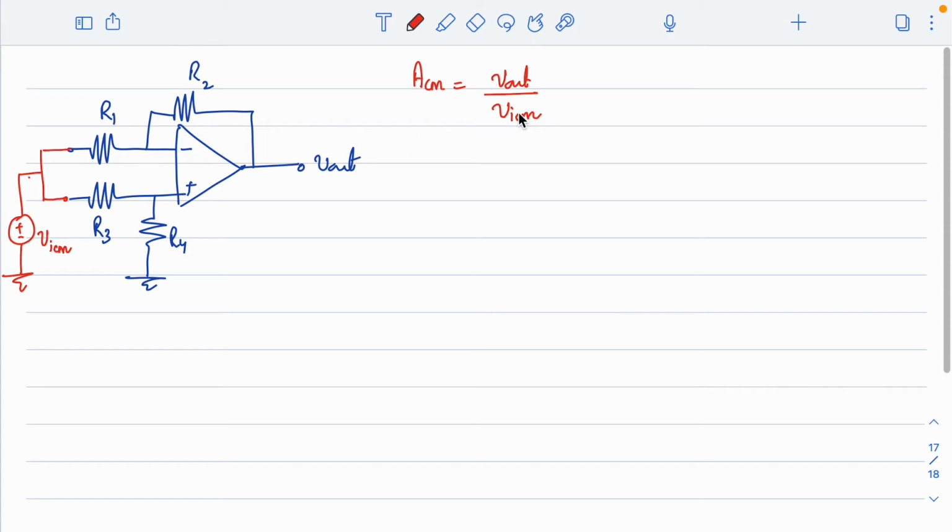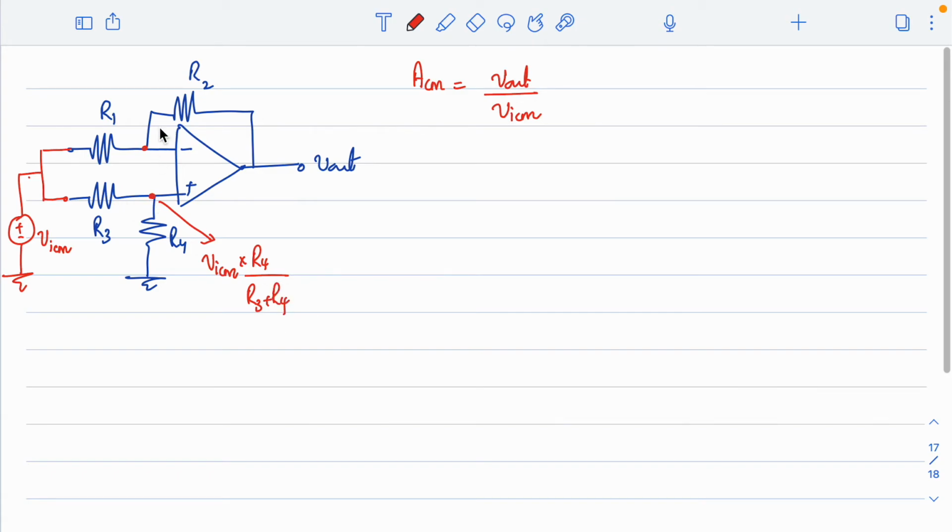First, because this is negative feedback, and if I consider the open loop gain as infinity, which is what we have considered in all these cases, the open loop gain of the Opamp is infinity. I am considering the Opamp as ideal as possible. Now what is the voltage at this node? If I am providing VICM, then VICM into R4 by R3 plus R4 is the voltage at this node.